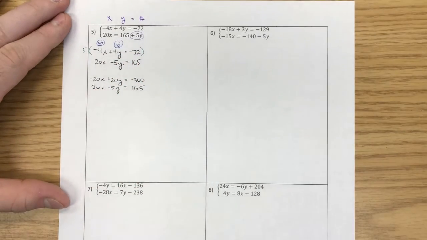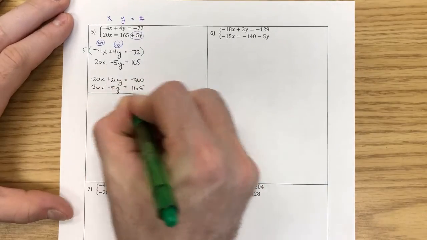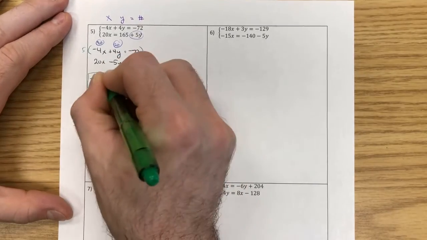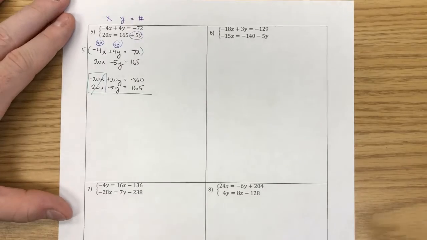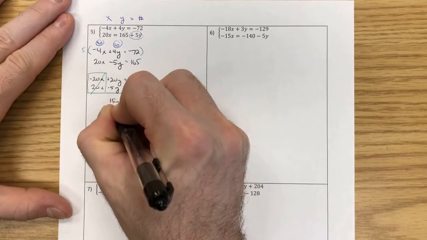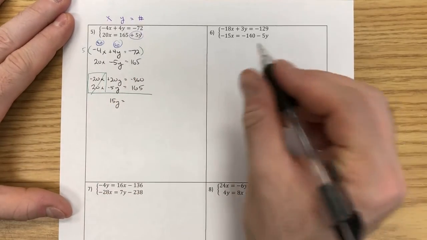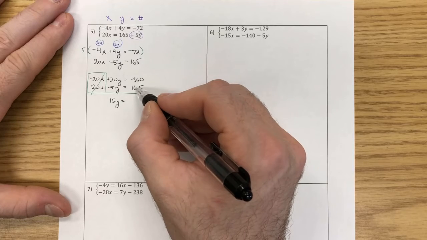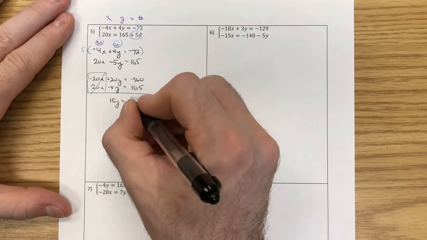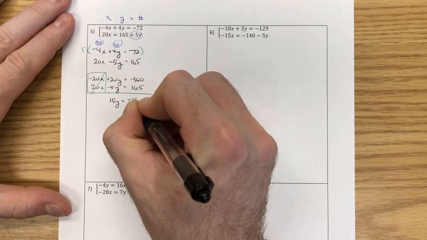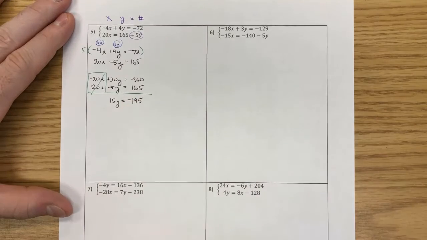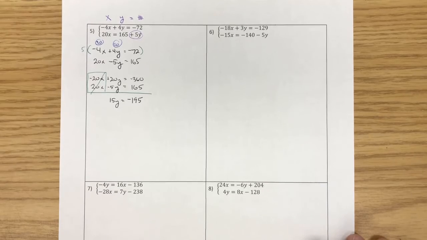Cool. And now when we add these together, my x's conveniently cancel out. We have 15y is equal to, let's see, 360. That's going to be 200. It's going to be negative 195 if I did my math correctly. Let's double check.